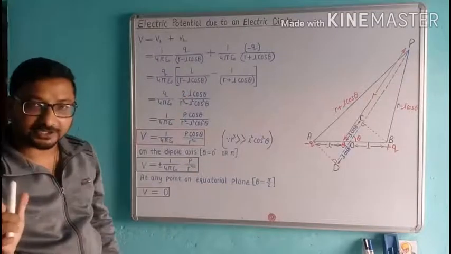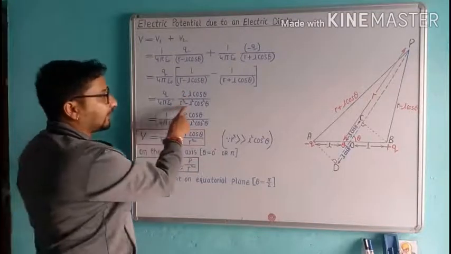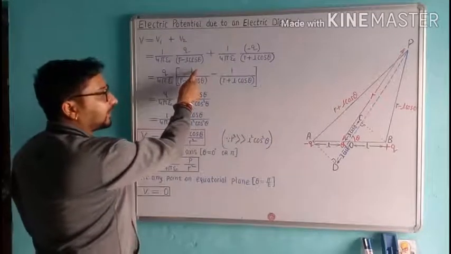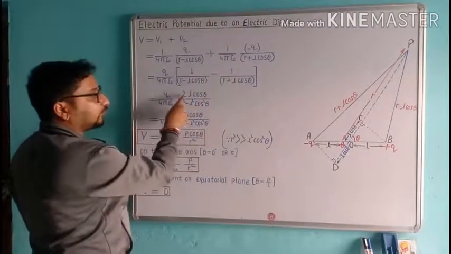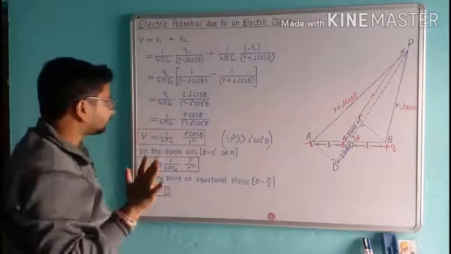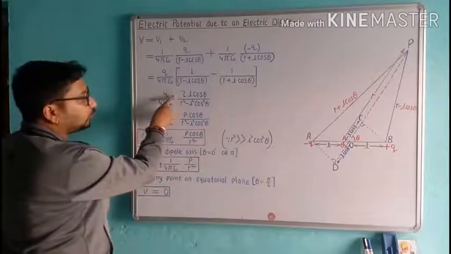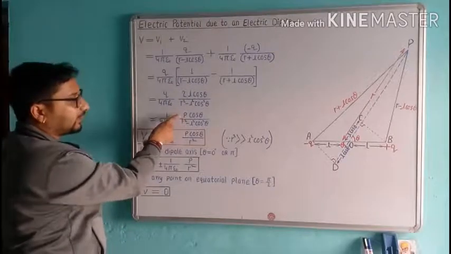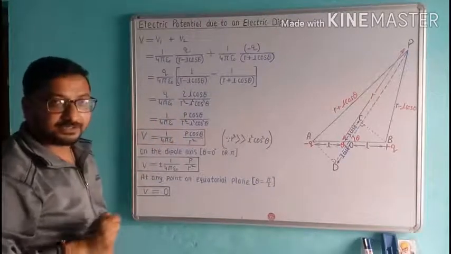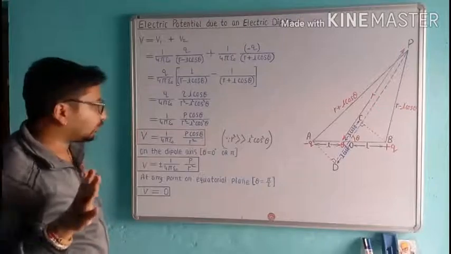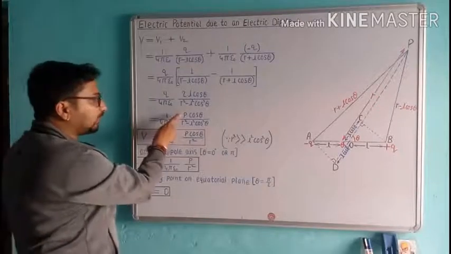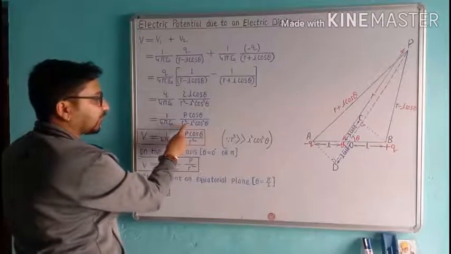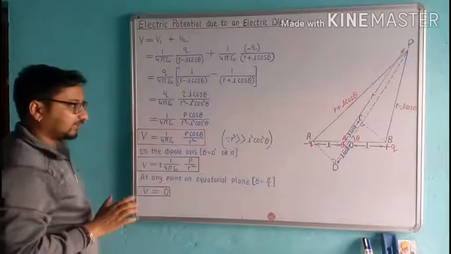Now replace q into 2L by p, where p is the electric dipole moment. We get 1 upon 4 pi epsilon naught, p cos theta upon r square minus L square cos square theta.